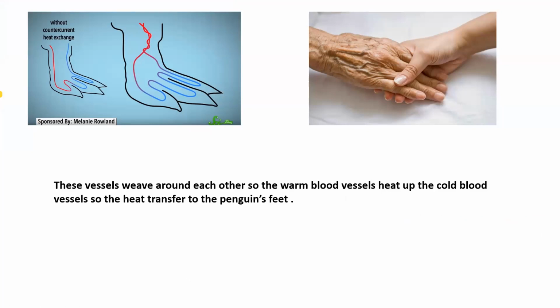Colorful tubes that carry the blood. So we said the penguin's body is covered with a layer of fat and a layer of feathers to keep its body warm all day. So the blood vessels inside the penguin's body have warm blood, right? And we said also that the penguin's feet stand on ice all day.